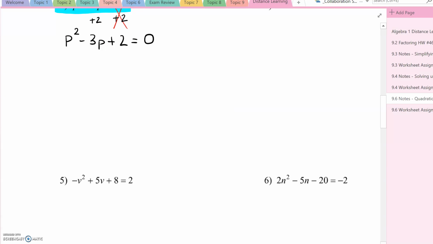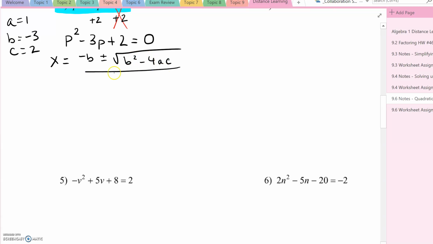So now we can do the same thing. A is the number in front of the p squared, so a is 1. B is the number in front of the p, which is negative 3, and c is 2. So I'm going to use x equals negative b plus or minus the square root of b squared minus 4ac all over 2a.